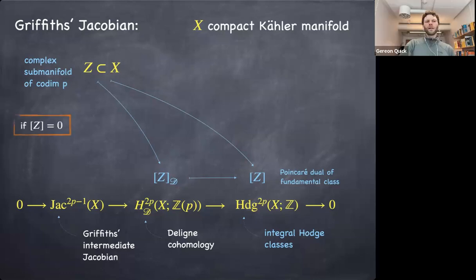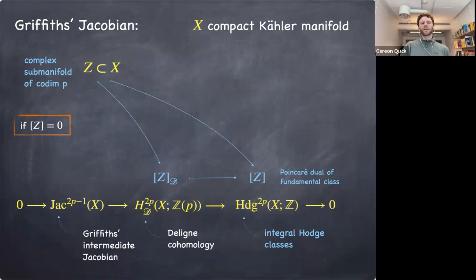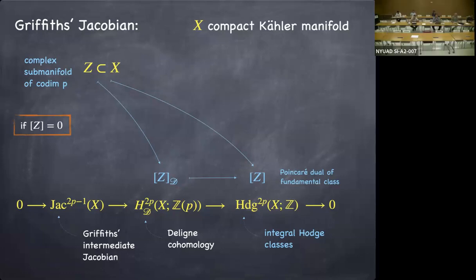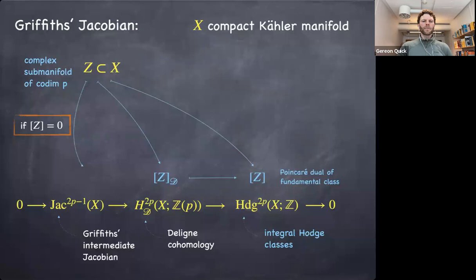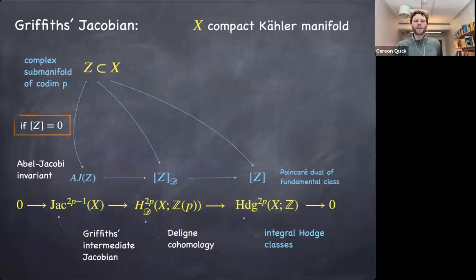So if we assume that the fundamental class of Z vanishes, then because the Jacobian is defined as a kernel, if something maps to 0 here, then we get an induced element, or an induced map on the kernel of this short exact sequence, if we consider, let's say, the free abelian group of all codimension P submanifolds. Okay, and let's call this invariant AJ, because it's an example of an Abel-Jacobi invariant. Or you can take this as the definition of the Abel-Jacobi map in cohomology.